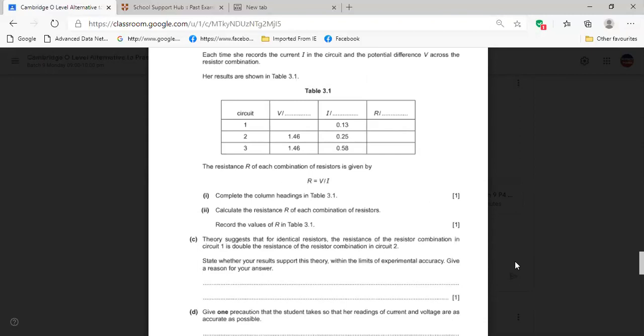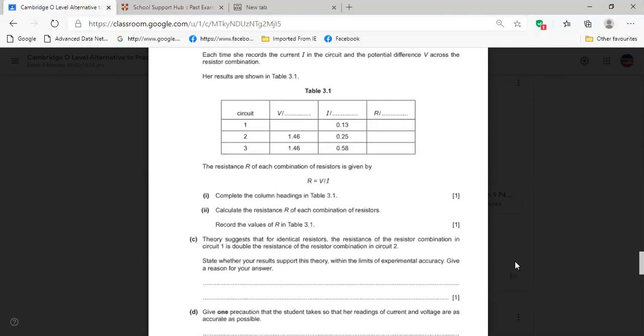Sir, I wrote yes because the answers do not have much difference. Okay, very good. Your answer is correct. Then what did you write here? I wrote yes as 5.84. Sir, I could not do the reason properly.